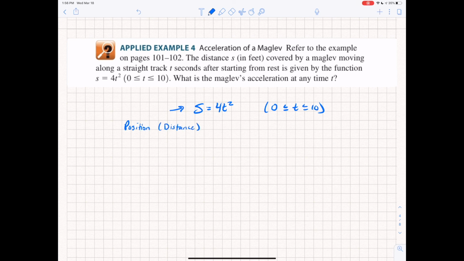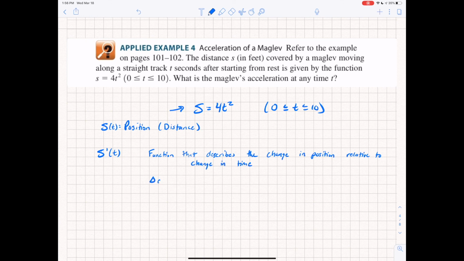Something is traveling. So if I find s prime, so if that's what s is, if I find the derivative of that, then what I'm finding is a function that describes the change in position relative to change in time.